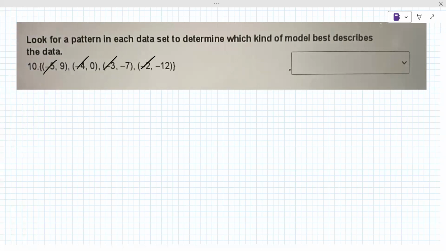You want to just focus on the Y value. So I would do that first difference between 9 and 0, 0 and -7, -7 and -12. Go ahead and calculate those and let me know what you come up with.